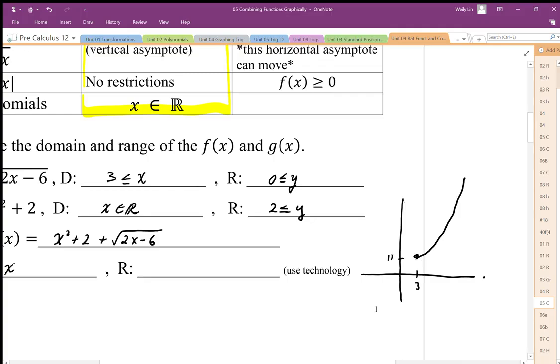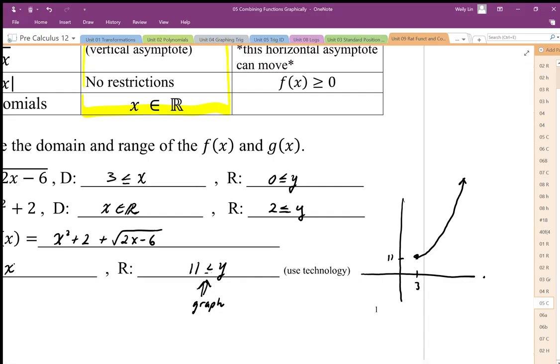So 11, and it goes off to infinity. So the range from the graph is going to be y greater than or equal to 11. And just to be clear, I got this from the graph. So we're going to use technology for the most part to do the range.